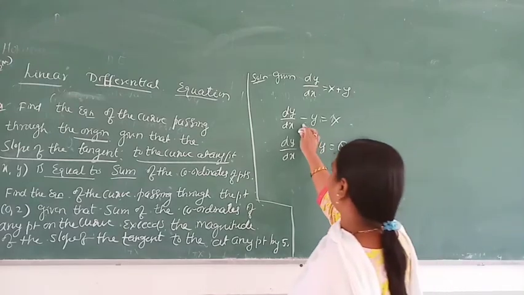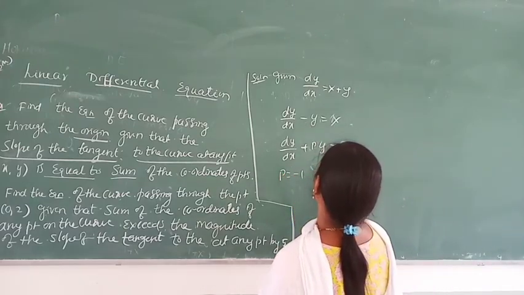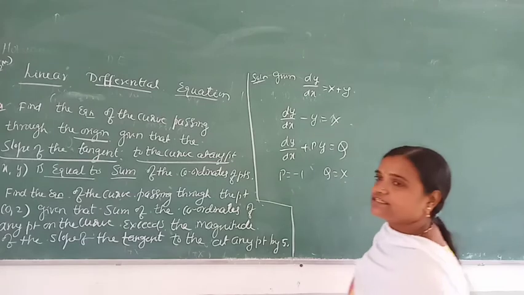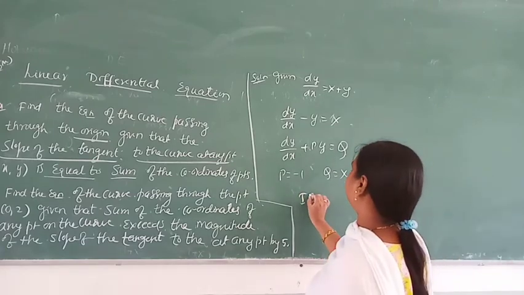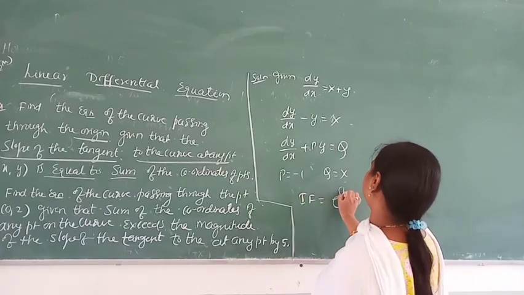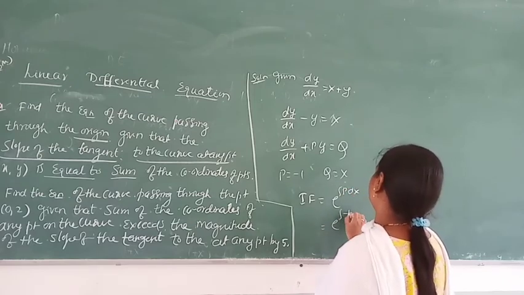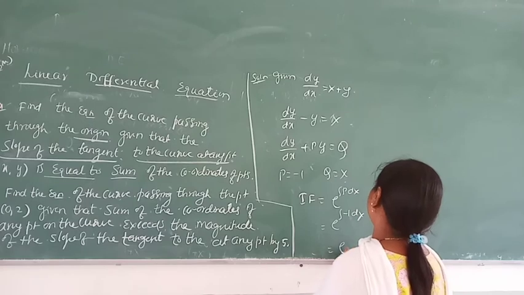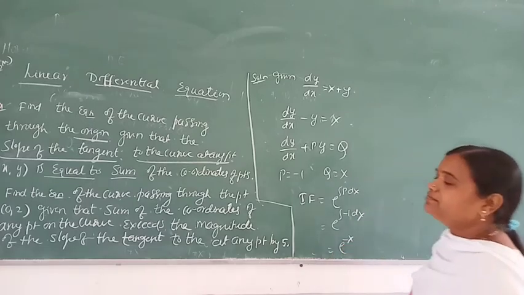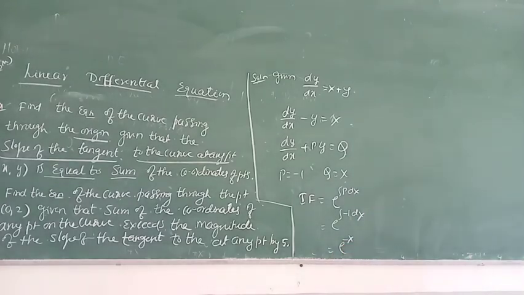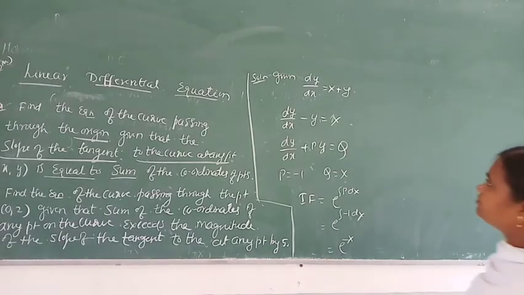Here p is minus 1 and q is x. Next step is to calculate the integrating factor, IF equal to e to the power integration of p dx, that is e to the power integration of minus 1 dx. The integration of minus 1 is minus x, so e to the power minus x. This is the integrating factor.